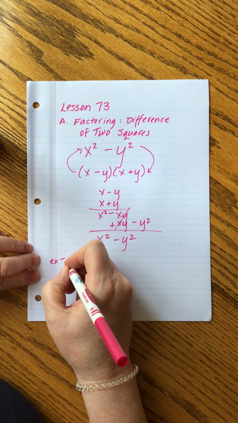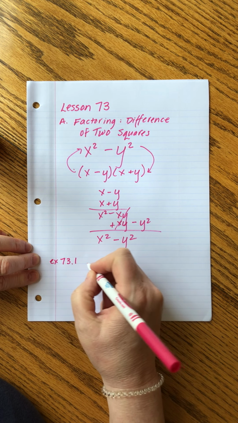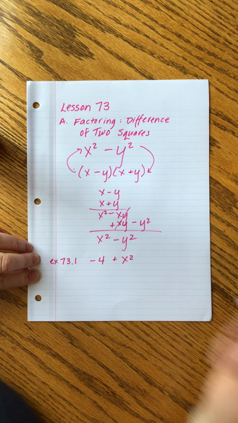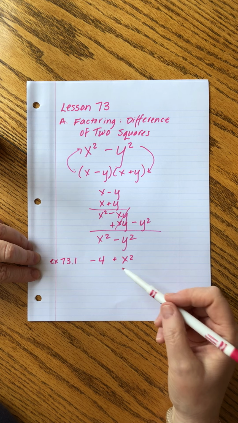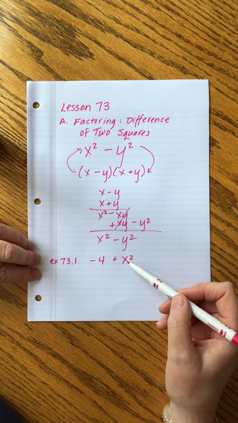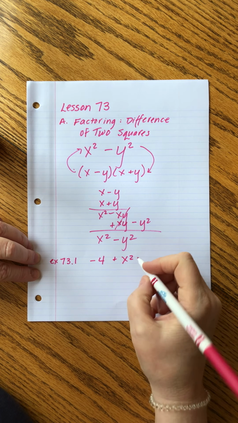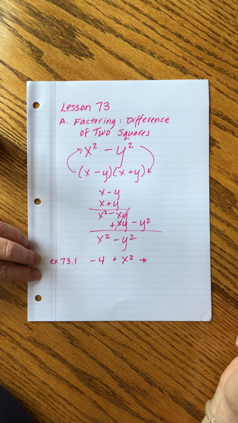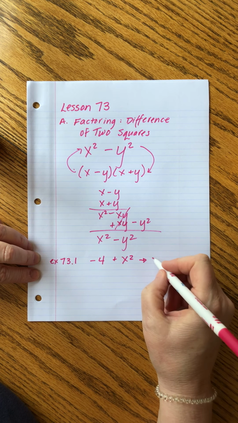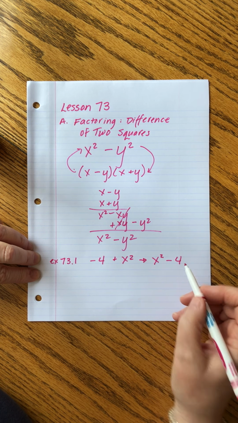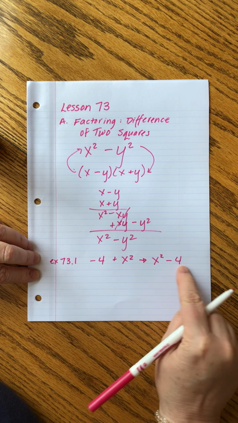Example 73.1. John throws us a curveball. We look at this and we go, oh wait, there's a square, and 4 is a square, but they don't have a minus sign in between them. And then we hear John giggling in the background, and we go, okay, I get it, right? X squared minus 4. Now we have the pattern of x squared minus y squared, right?